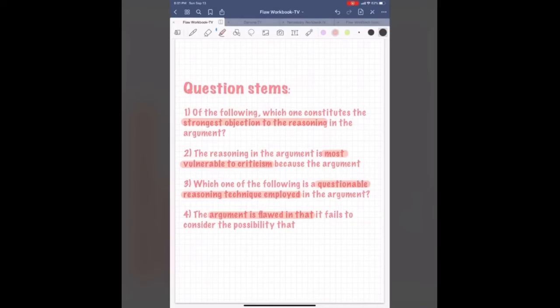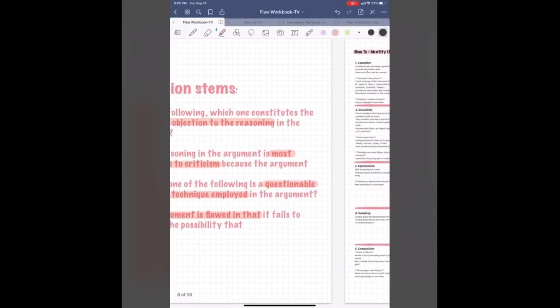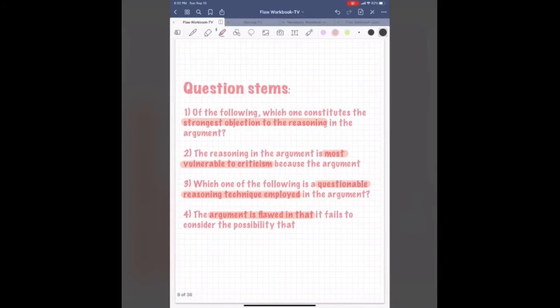Which one of the following is a questionable reasoning technique employed in the argument? The questionable reasoning technique employed in the argument is the clue here. And lastly, the argument is flawed in that it fails to consider the possibility that, so the argument is flawed in that is the clue. And by the way, the last question is the most common one.